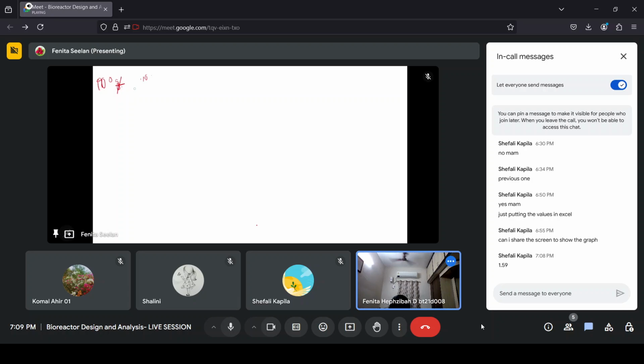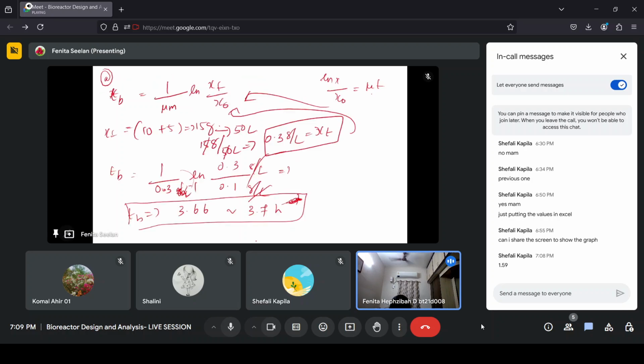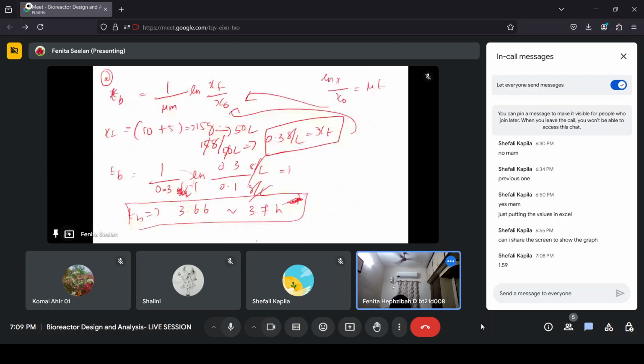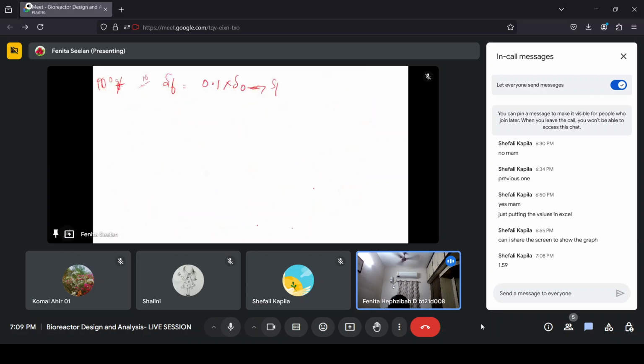So the remaining percentage is 10. Let's say the final substrate value is 0.1 times your S naught, because only 10% will remain. This S naught we know from the given data is 12 gram per liter. If that is the case, SF is equal to 0.1 into 12, which is nothing but 1.2 gram per liter.